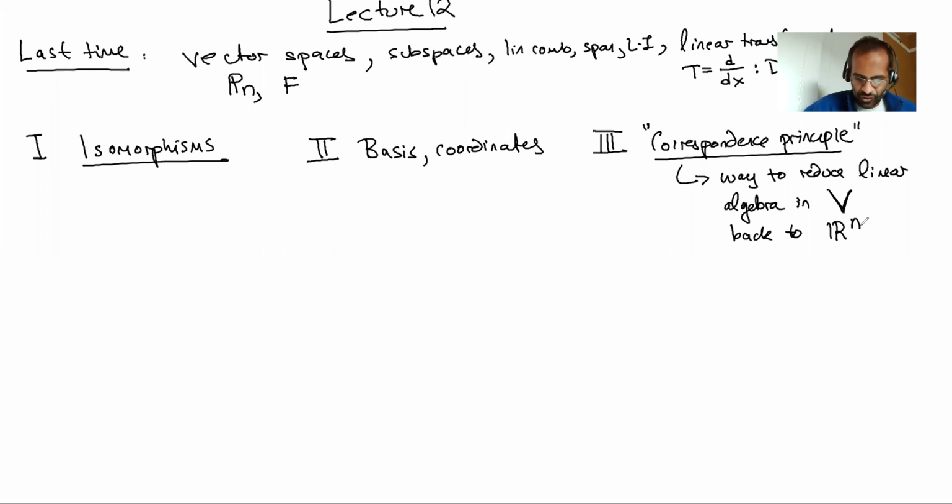So from the perspective of solving problems, it's very useful. We're going to see that even in this big new generality, there's somehow a way to reduce everything back to Rn, at least in a lot of cases. Okay, so let me begin with item 1.